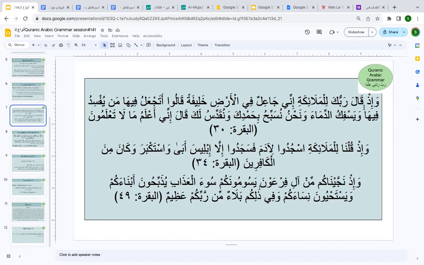For example, when I ask Allah, give me Jannah, is Jannah maf'ul fihi? Though it's a place, should it be maf'ul fihi? It is maf'ul bihi because it is answering my what question, though I am asking for Jannah, which is a place.